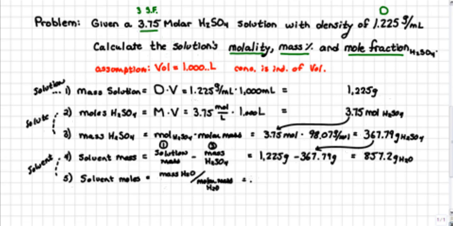And doing so, we use the 857 grams that we had calculated in step 4, 857.2 grams of water divided by its molar mass, which is 18.01 grams per mole. And we get, in this case, with a few extra significant figures just to help us along, 47.5957, and this will be moles of water.